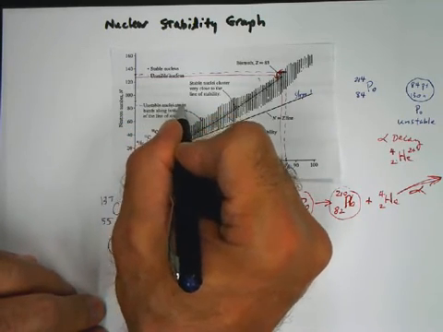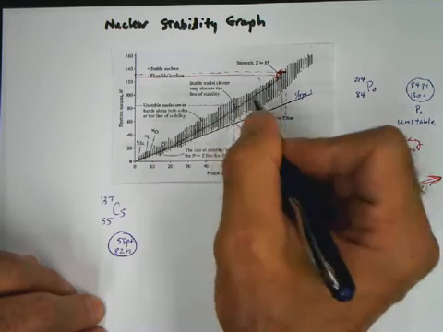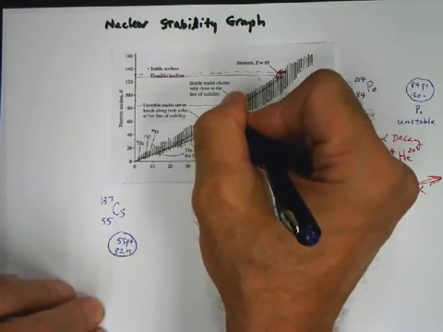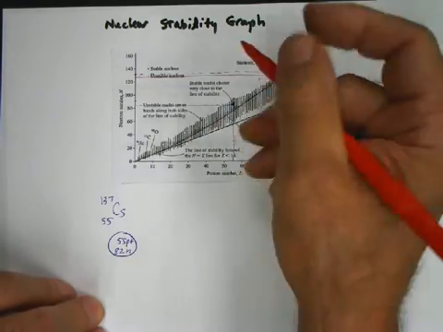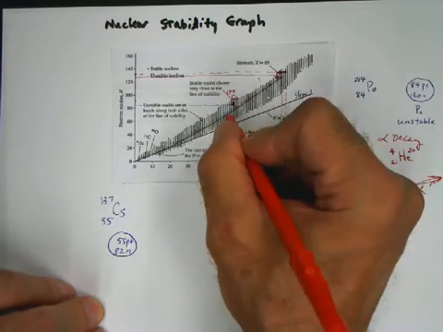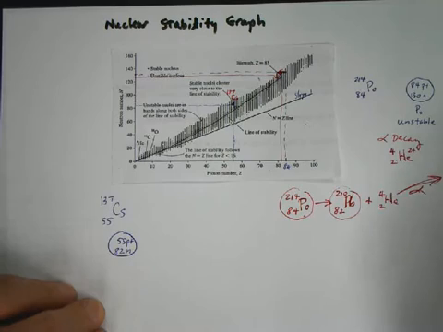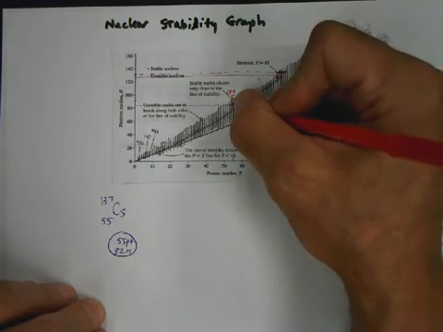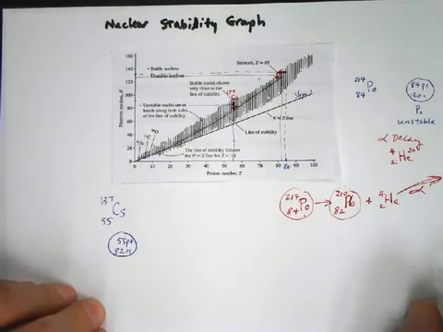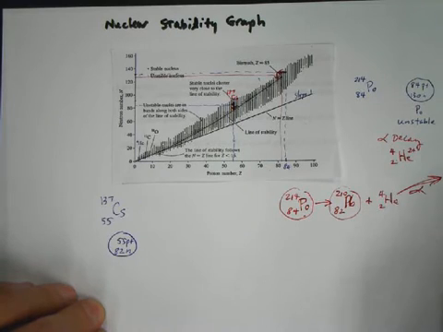And we can see that cesium would end up being right here, cesium-137. And that's a little bit high, cesium-137, away from that stability band. So what would cesium tend to do? Well, it would like to reduce the number of neutrons, so that at least its daughter nuclei would be close, if not on, that stability graph.